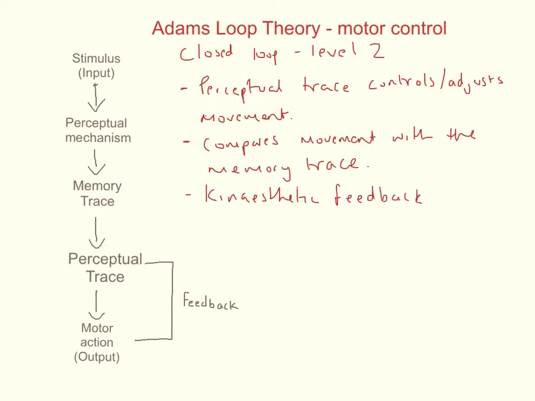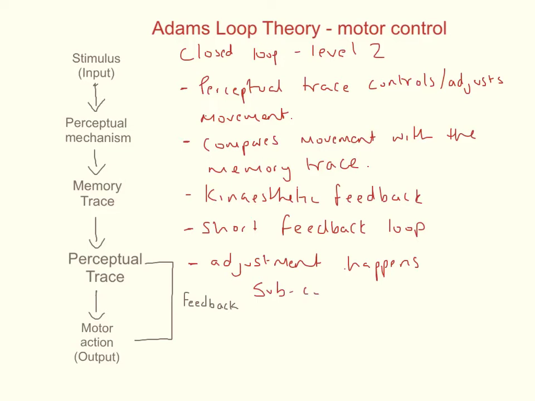So what we've got here is a short feedback loop, and the adjustment happens subconsciously. Now the example I would use in the exam is a skier losing balance.